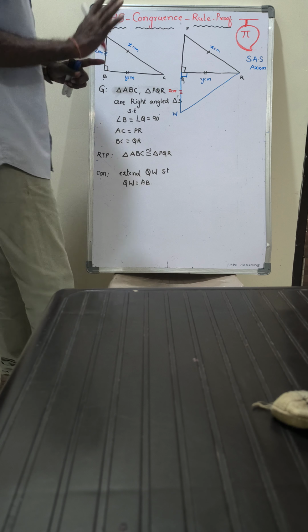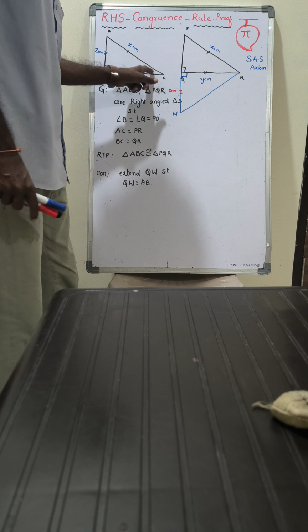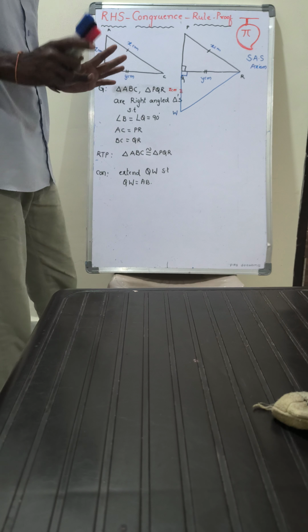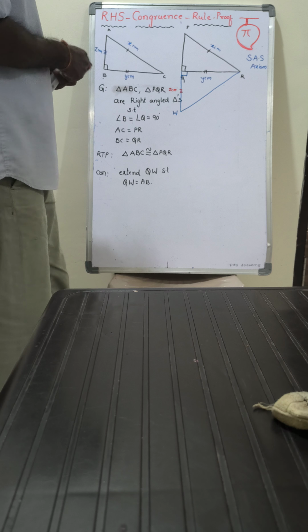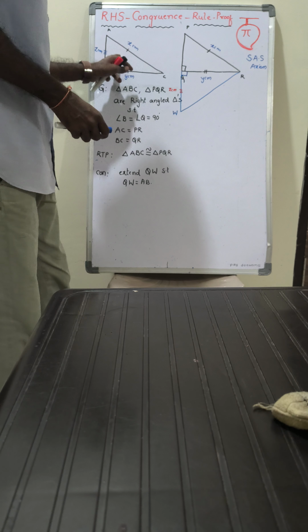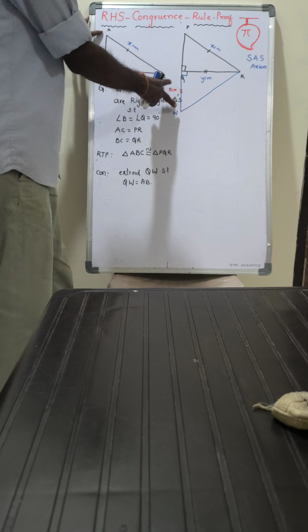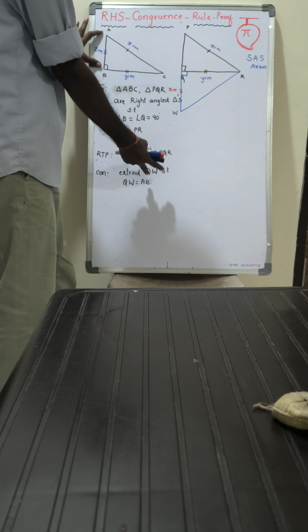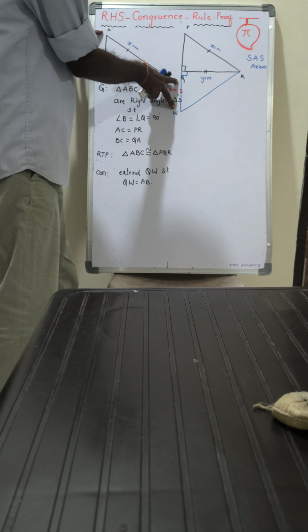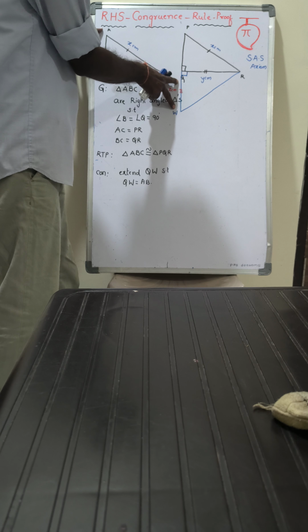See, I'll tell you how to explain the proof. First, I will prove these two triangles congruent, and next I will prove angle C and angle R are equal. So first, we need to prove these two triangles are congruent. How? It's very simple. AB is equal to QW, because by construction we constructed QW in such a way that QW is equal to AB.